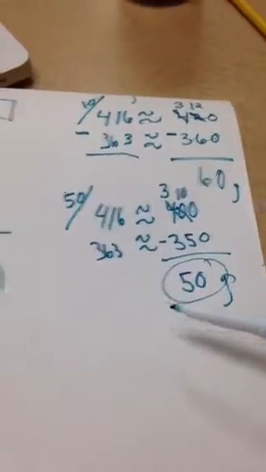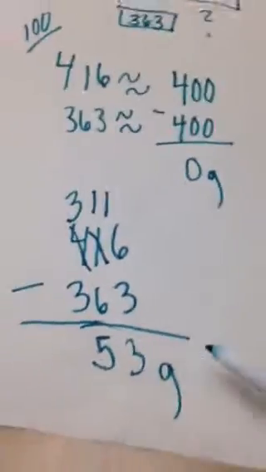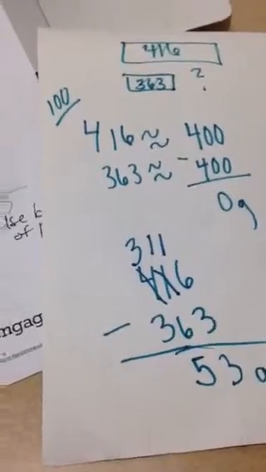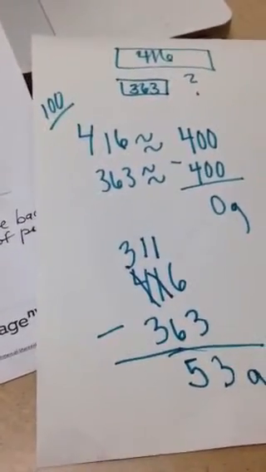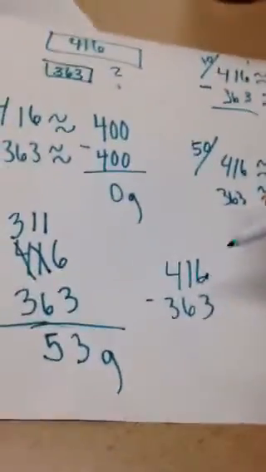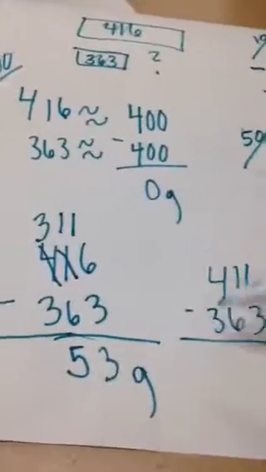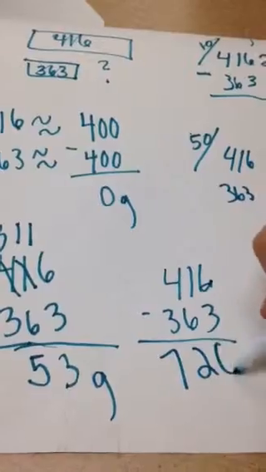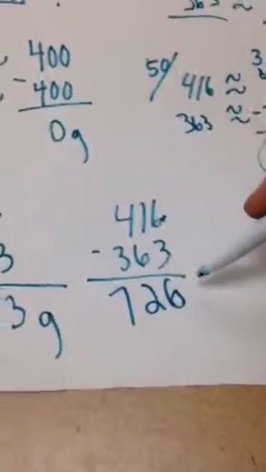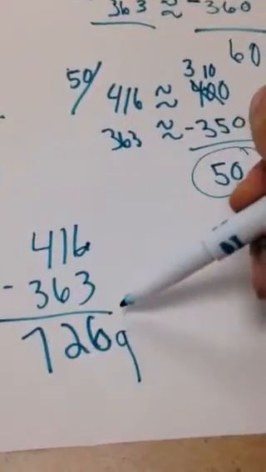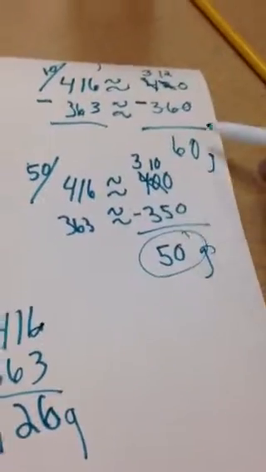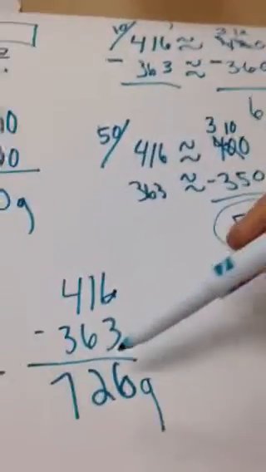Yeah, it is. We would say it would not be reasonable, for example, if you did 416 minus 363 and somehow you messed up your numbers, you didn't know a fact or two, and you ended up with 726 grams. So you would look, is this answer reasonable? Does it match what my estimates were?